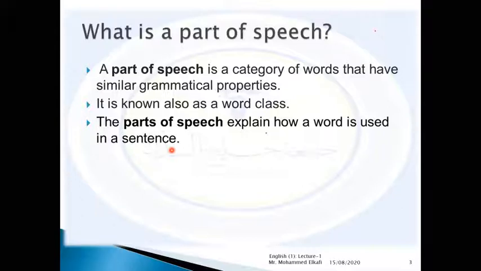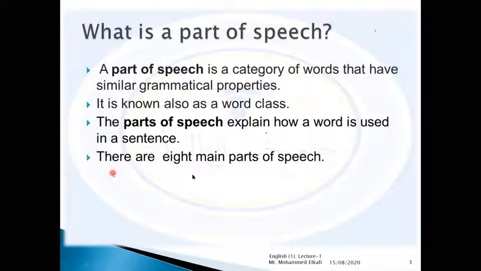The components of sentence is very important to be studied. So here we think of these components, which are known as words. In grammar, we call them as parts of speech. They have some other name, which is a word class. So all of them, parts of speech and word class, and a word tell us about the main or the basic component of the sentence.